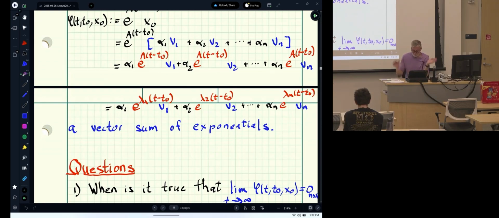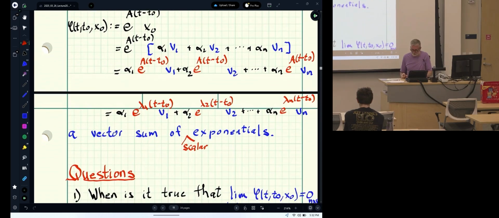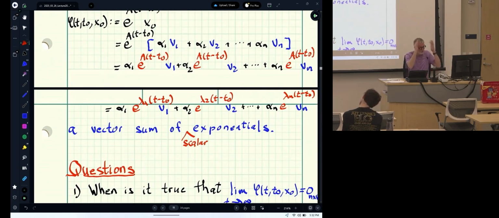It's just a vector sum of ordinary scalar exponentials. So this complicated thing, e to the At, we take it all apart by using eigenvalues and eigenvectors. Break it down into something that we can wrap our head around. That's the intuition. That's the thing you can see. We can see this blowing up when lambda is positive, and we can see it decaying when lambda is negative.